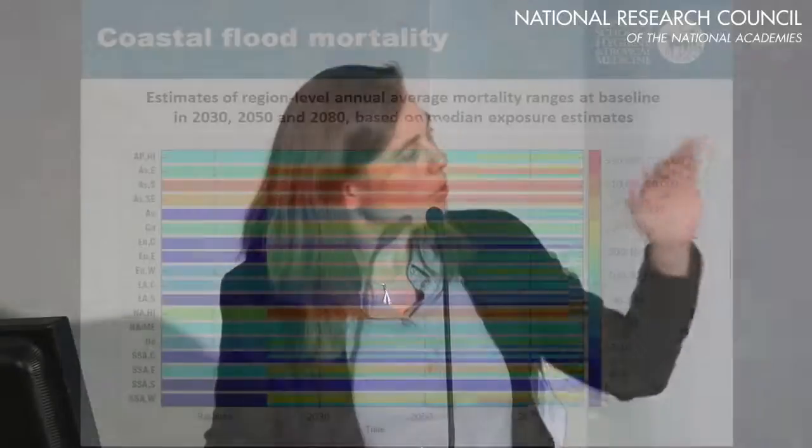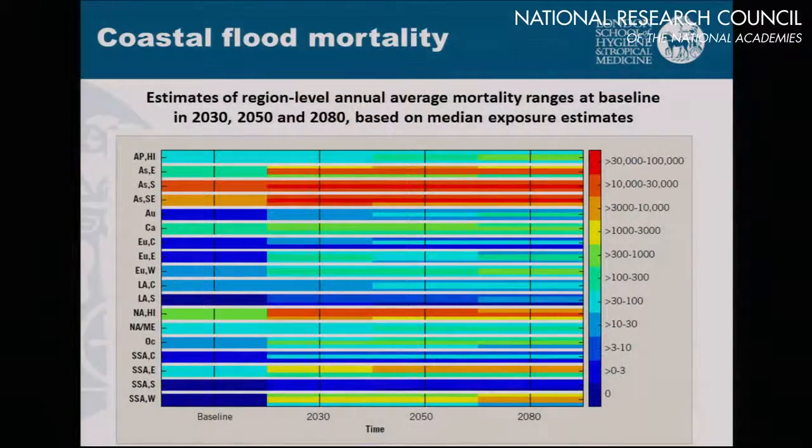And within each region, you may not be able to see, but there are 3 bars. The bottom bar is without climate change, and the top one is climate change with adaptation. So you'll see that even for East Asia, it's yellow. So the risk from climate change to coastal flood risk is dramatically reduced by coastal defences, as we might expect.